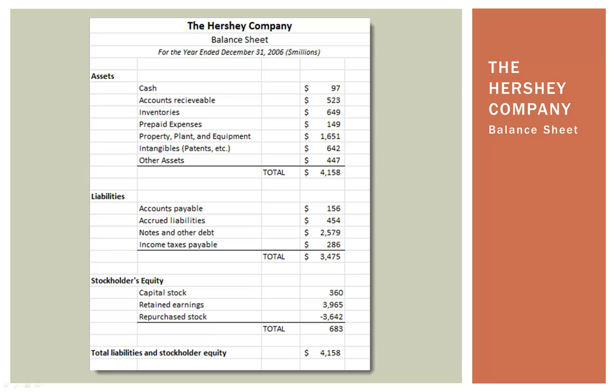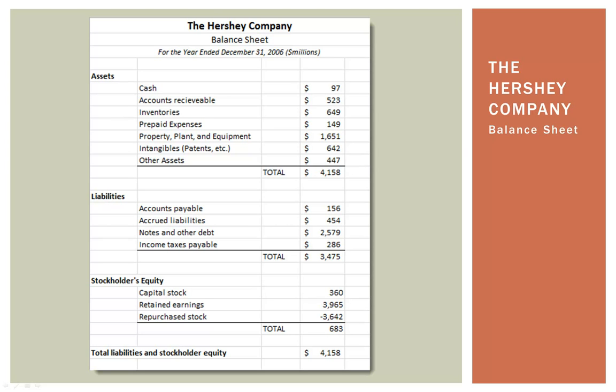And we're going to pull this apart over the next couple of slides. But the important thing to notice is that the assets had a total of a little bit over $4.1 billion. And if you add up the liabilities and stockholder equity, that adds up to a little bit over $4.1 billion. They're the same. So the balance sheet balances out.